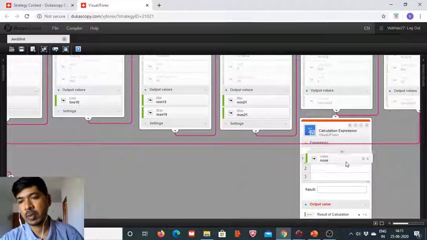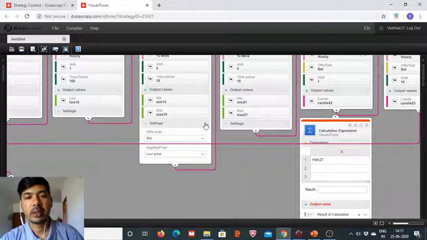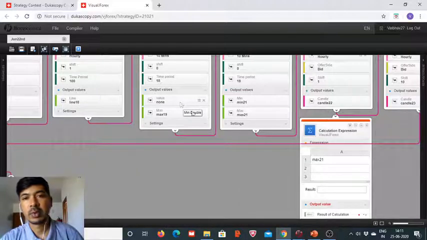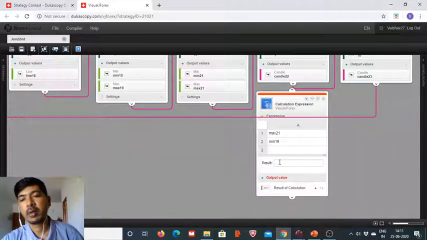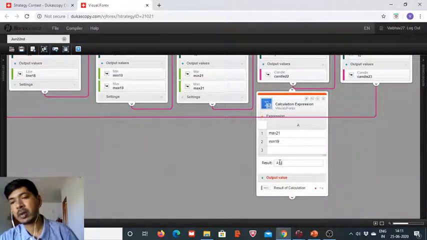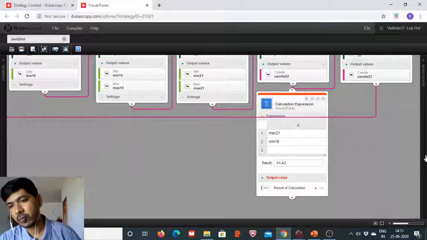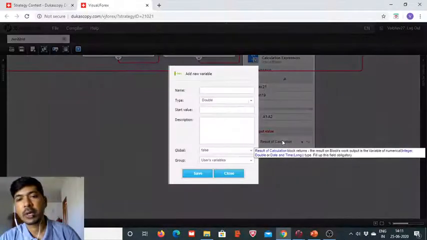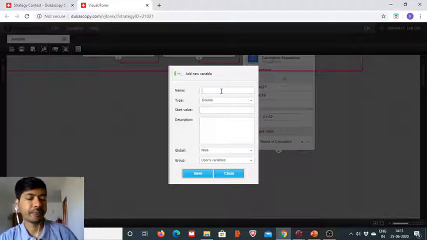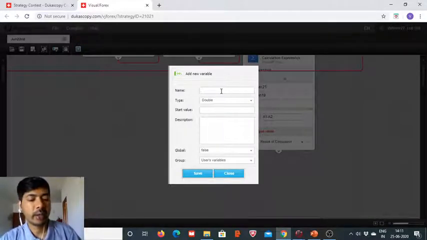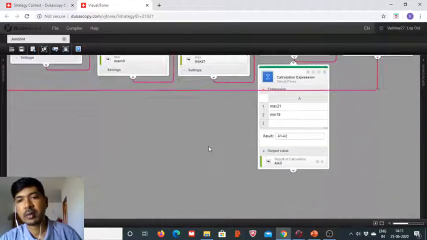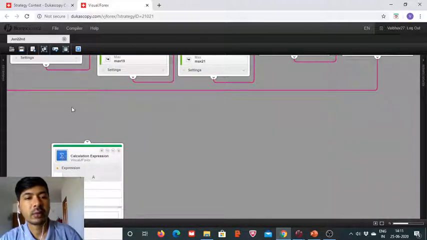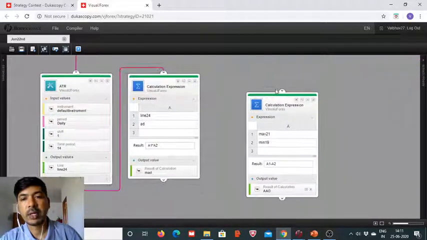So here is the maximum value and this is the minimum. Both are current values, and we do a1 minus a2, and the result of the calculation is going to be the actual ATR difference, AAD. Okay, so that is also in place.